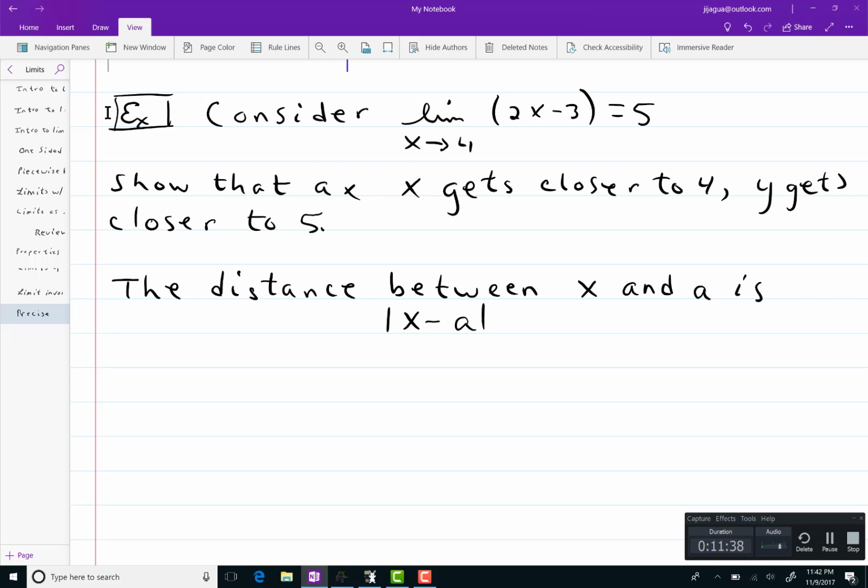So in this example, for the limit as x goes to 4, 2x minus 3 equals 5.